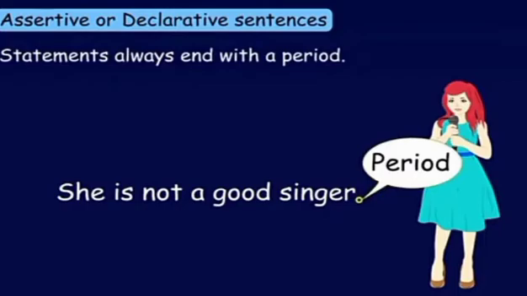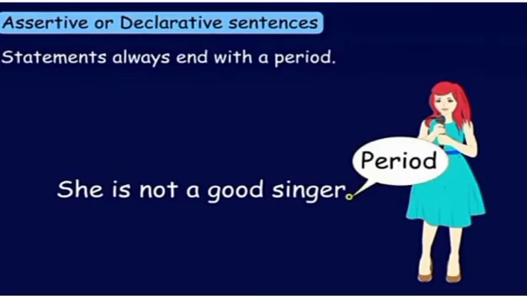For example, she is not a good singer, where the sentence begins with a capital letter and ends with a full stop. Full stop is referred to as period.